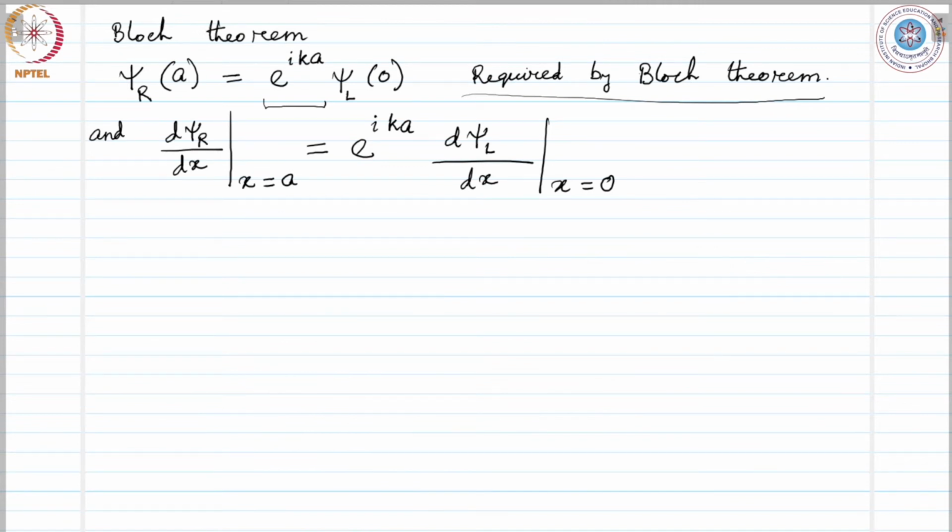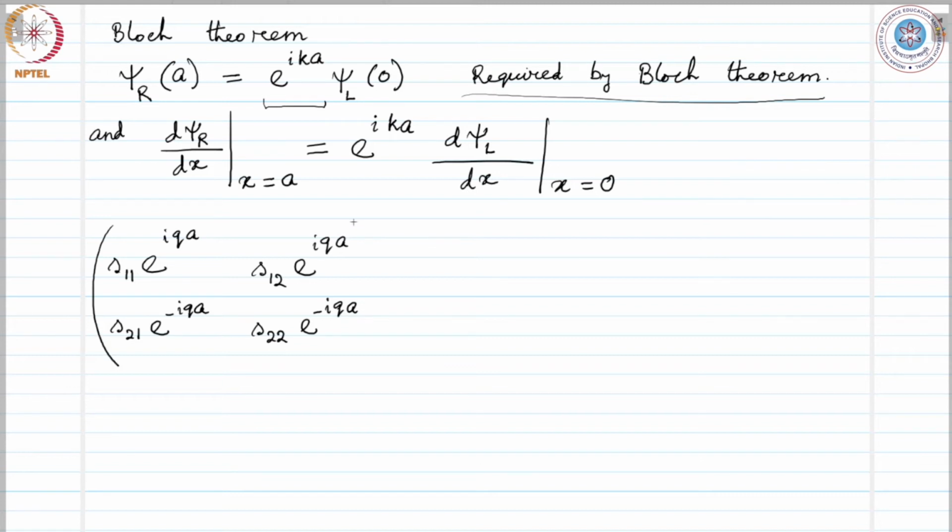That can be written as the matrix with rows (S11 e^{iqa}, S12 e^{iqa}) and (S21 e^{-iqa}, S22 e^{-iqa}), times (A_L, B_L).